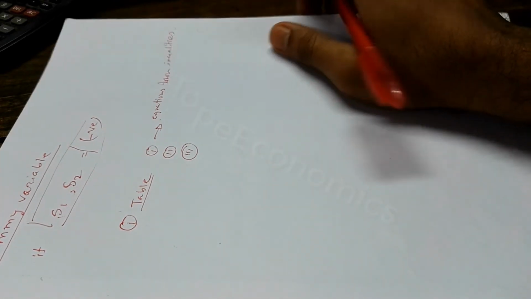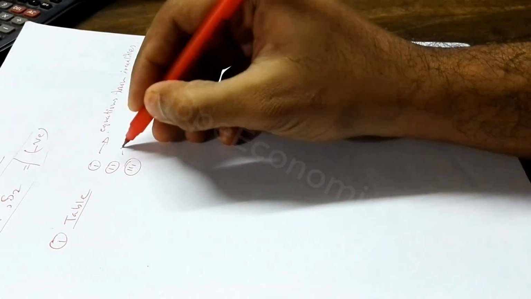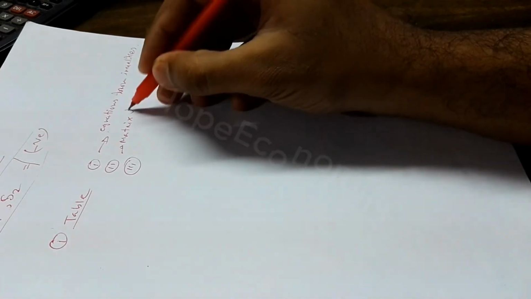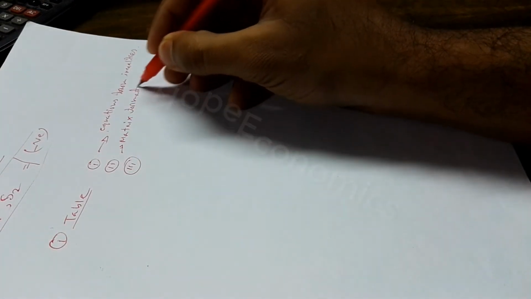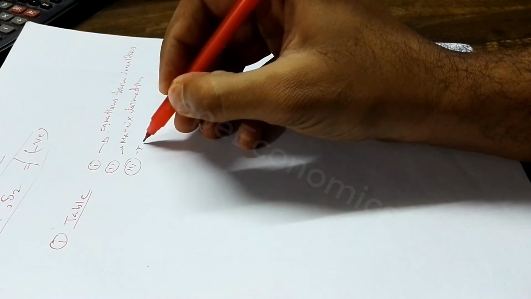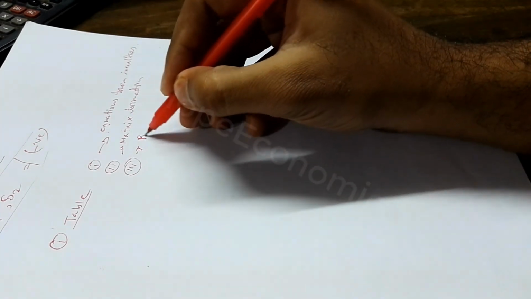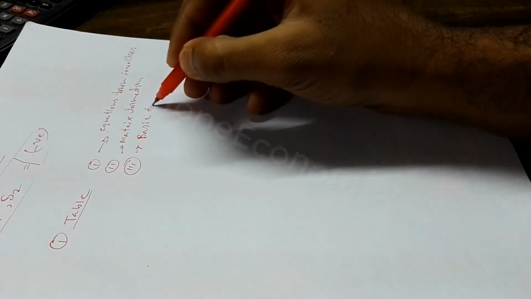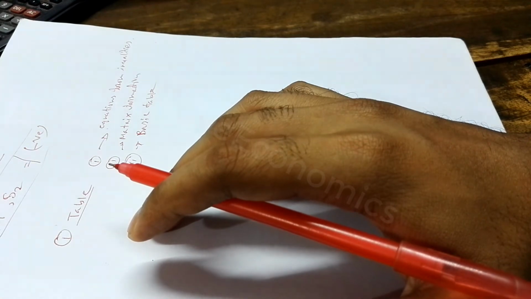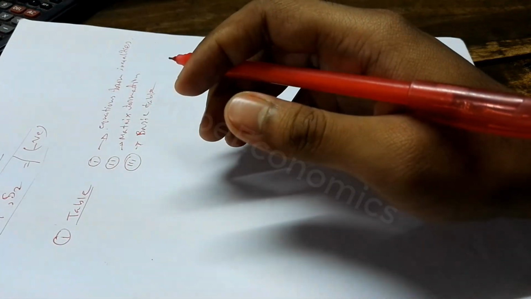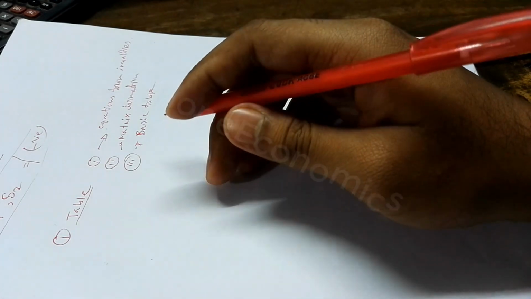You have to construct the equations from inequalities. Then you have to construct the matrix formation. Then what you have to do is construct the basic table. So this is our first step for the simplex algorithm.